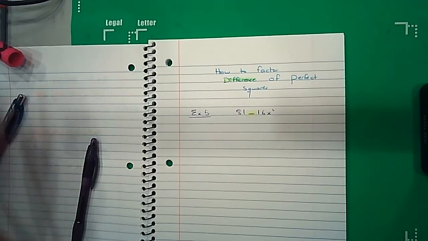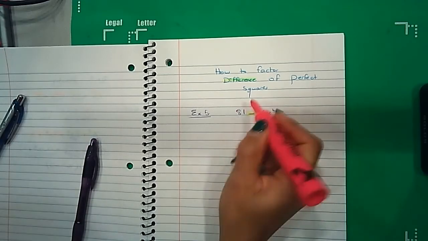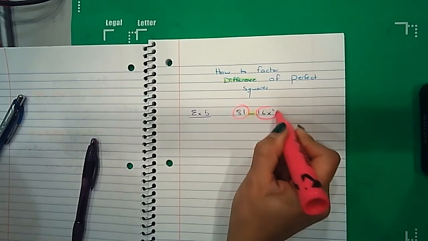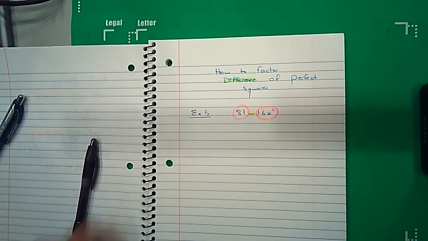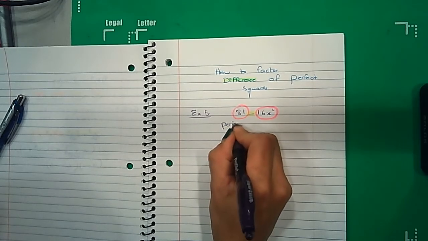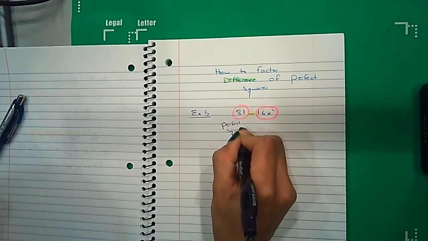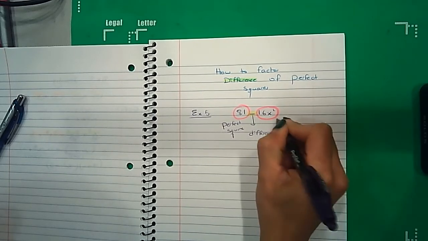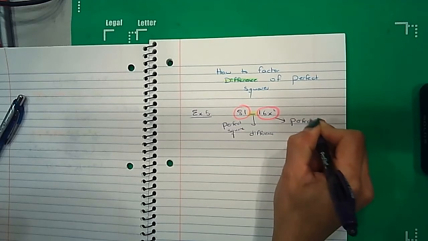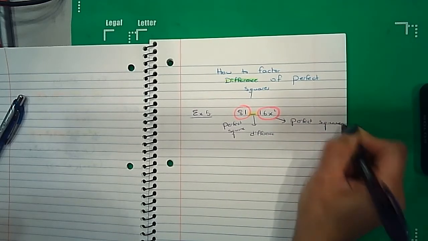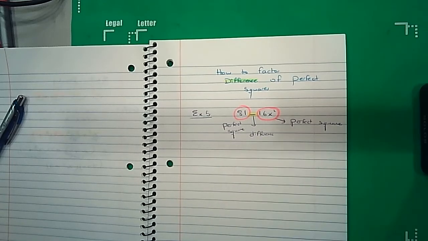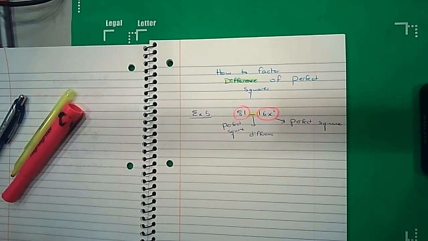And then the second thing I'm going to think of is, is this a perfect square? The whole term has to be a perfect square. And here I have difference, and here I have a perfect square. So I have a difference of perfect squares, which means I'm going to be able to factor this in 2 easy steps.